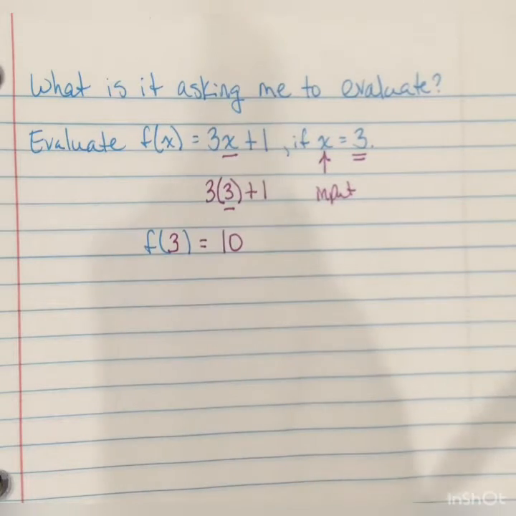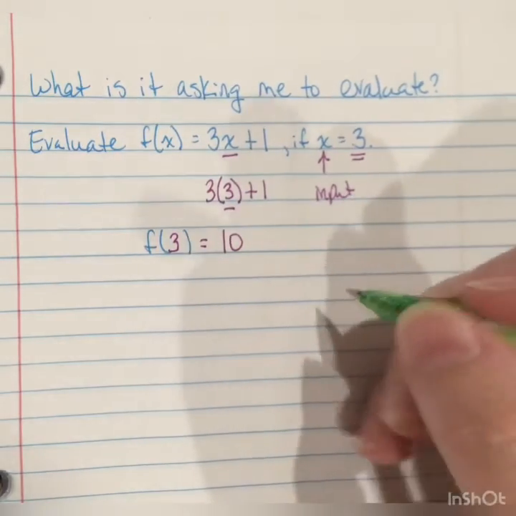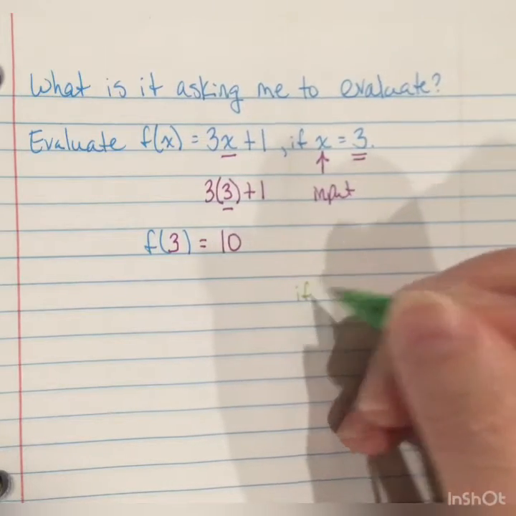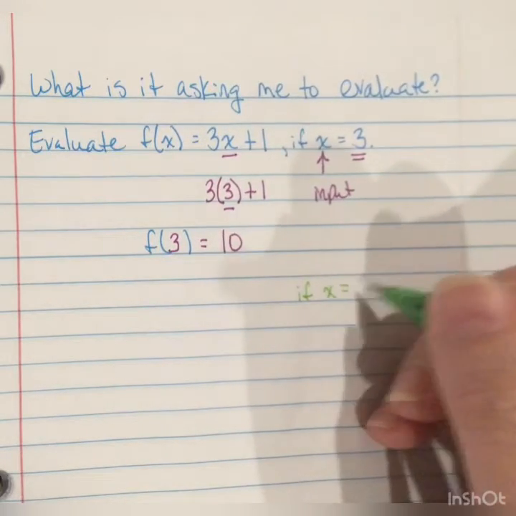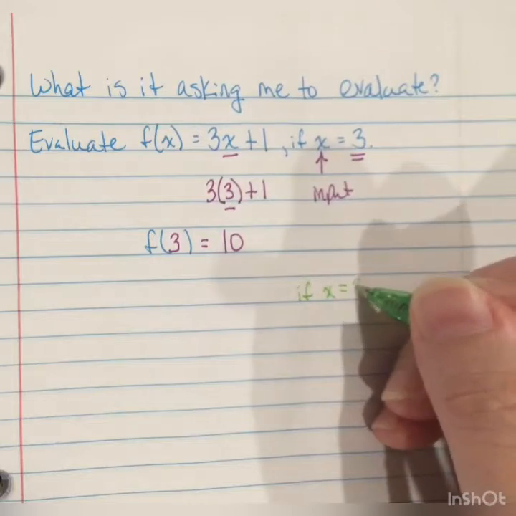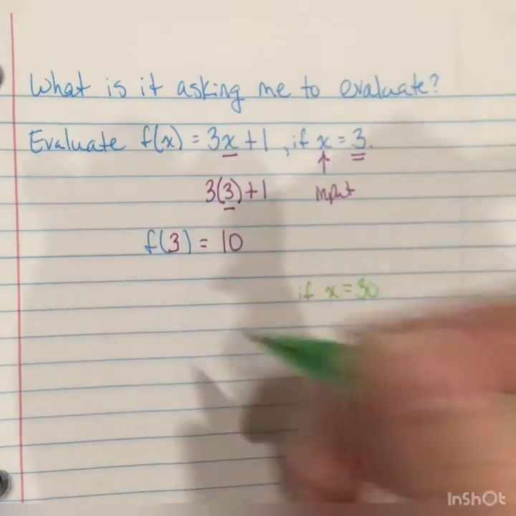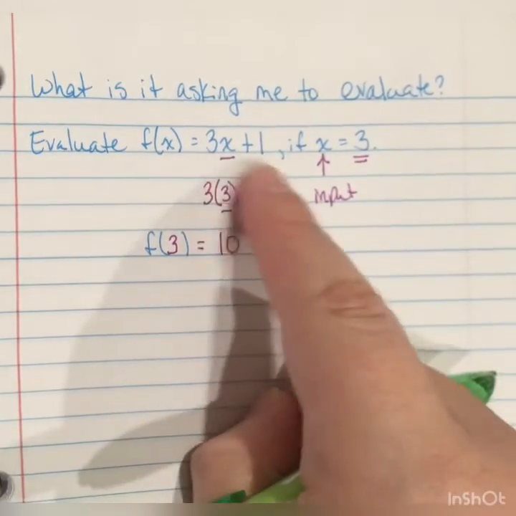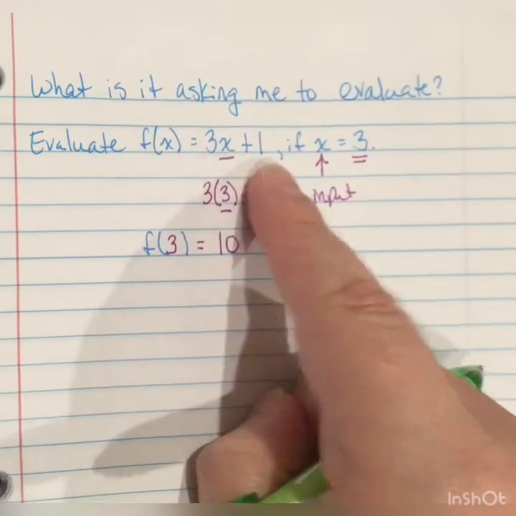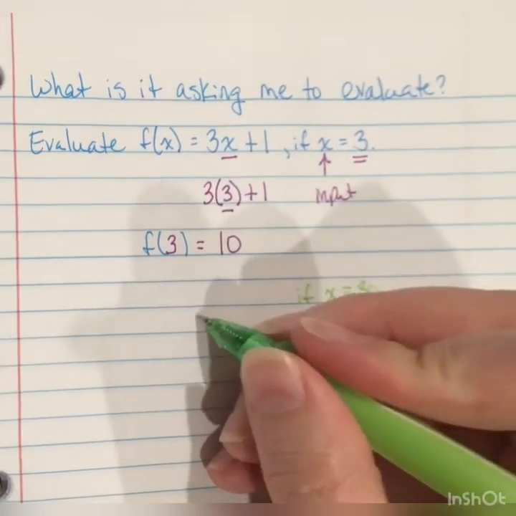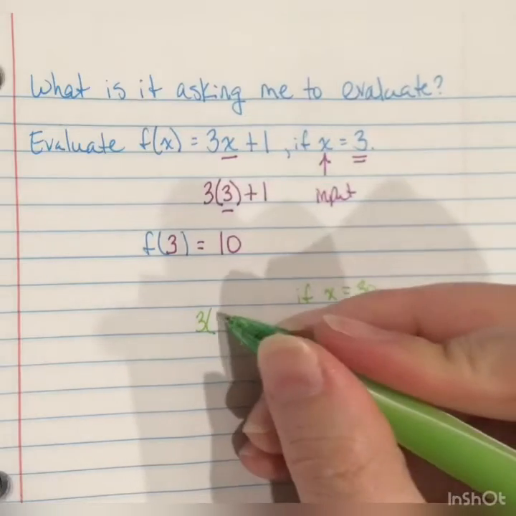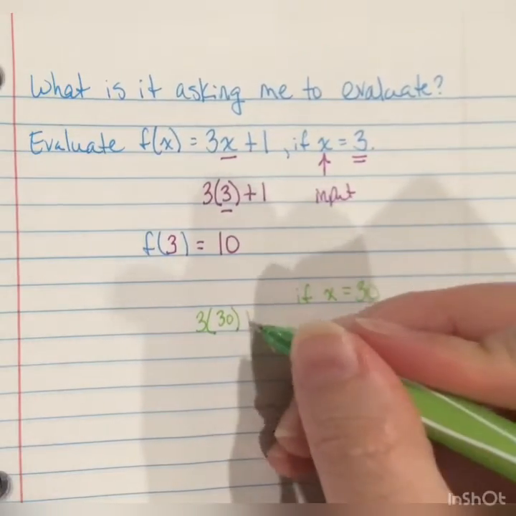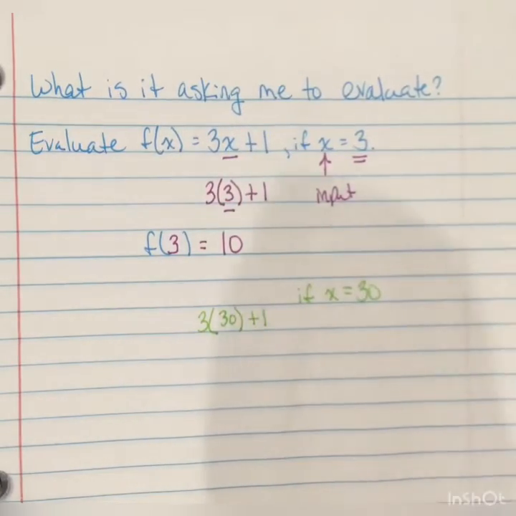We could do the same thing if x was, let's say 30. So again, I'm just going to plug it into our original equation. 3x plus 1 is now going to become 3 times 30 plus 1.